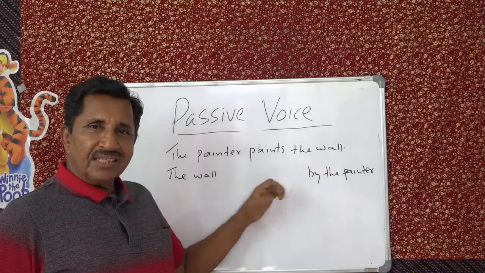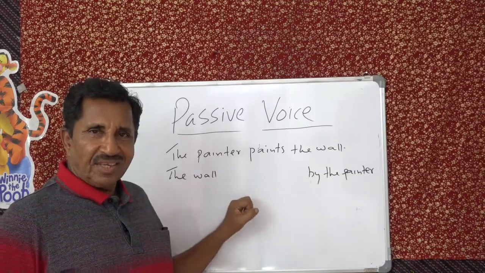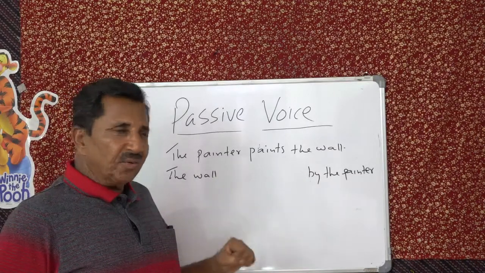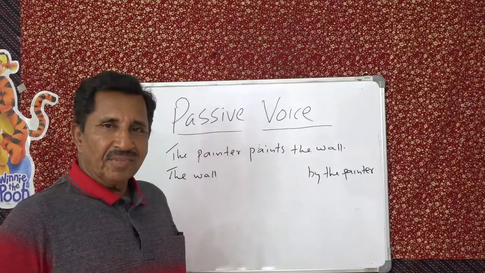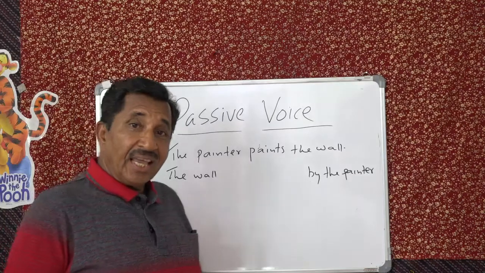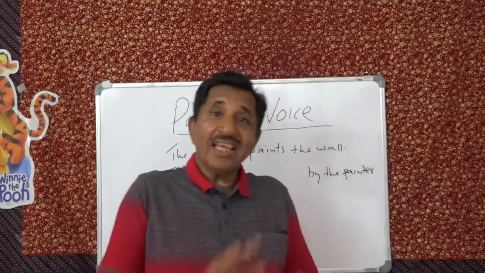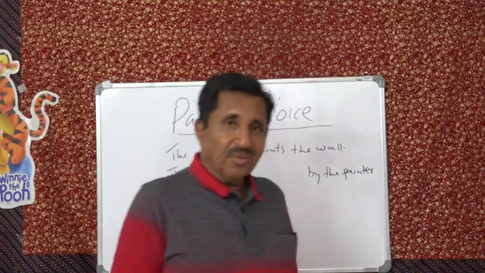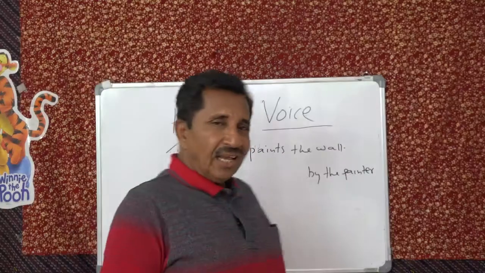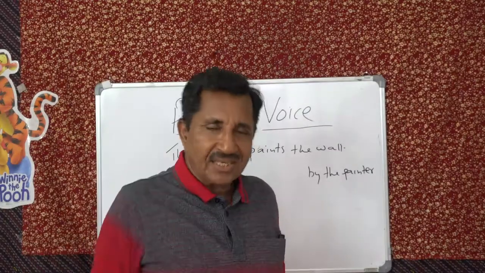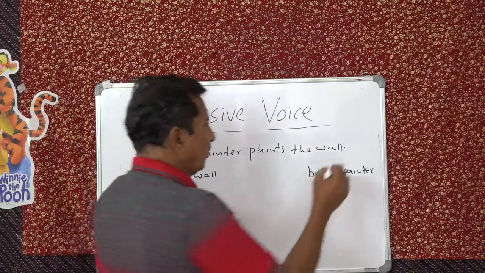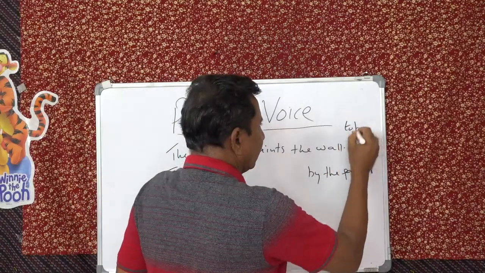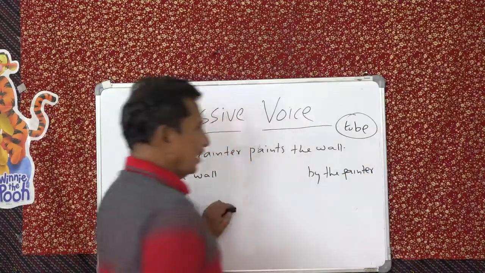Now this is active. The verb, we say, is very active. Right? So what do you have to do? You have to make the verb also passive. When you make any verb, any time passive, one element is compulsory. That is one form of the verb to be. See that?